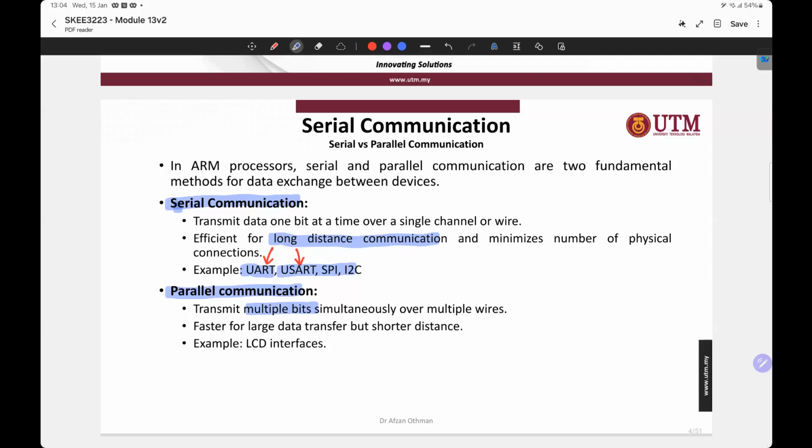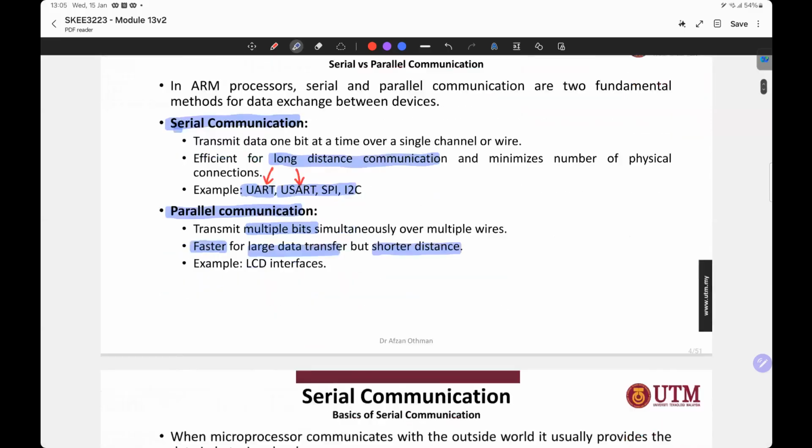Parallel communication is faster for large data transfers, but it only covers a short distance. If you have a short-distance communication, you can use parallel communication because it is very fast compared to serial. An example of parallel communication is the LCD interface.